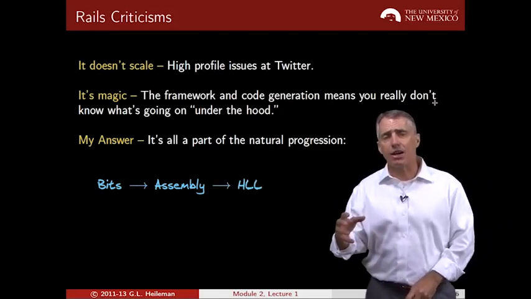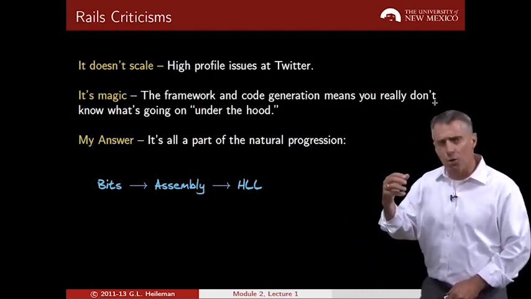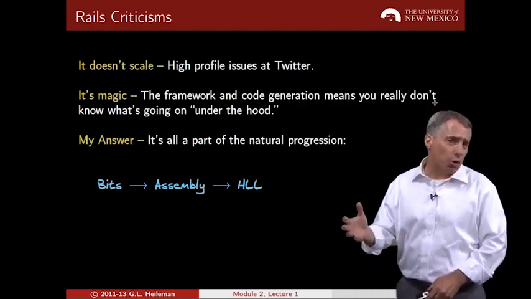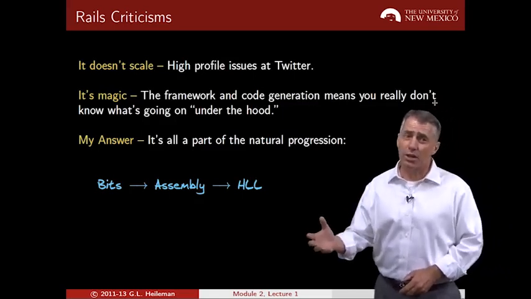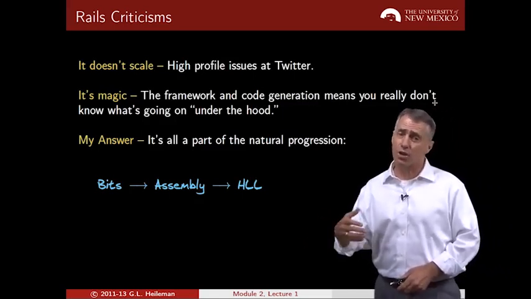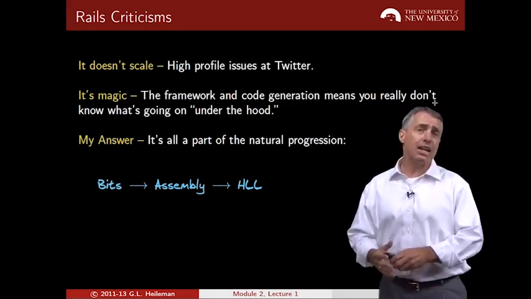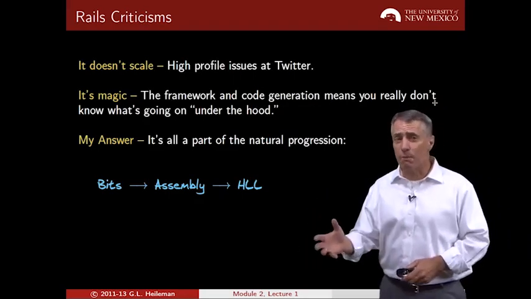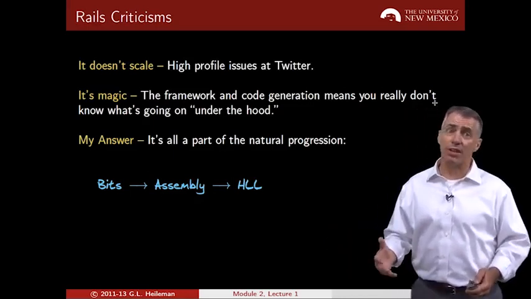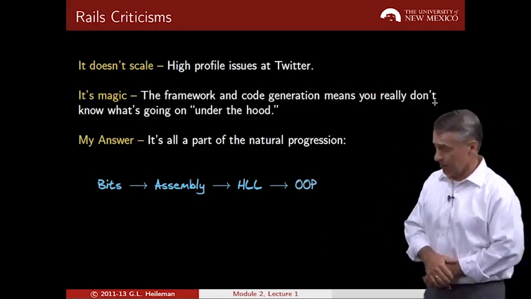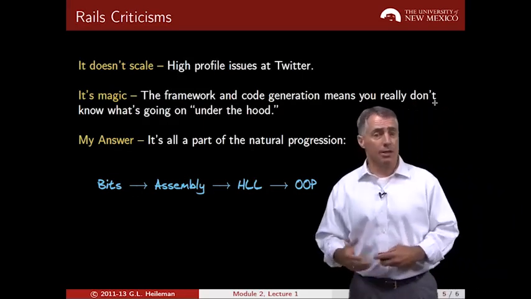And even in that time, it was very difficult. During the invention of high-level programming languages like Fortran, folks would complain, saying, well, I don't know what's going on under the hood in that case either. You're starting to lose something. You're gaining productivity, but you're losing your ability to control some of the fine details. But programmers became more productive as they had high-level programming languages made available to them.